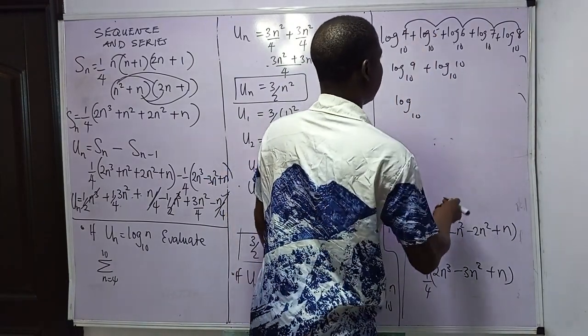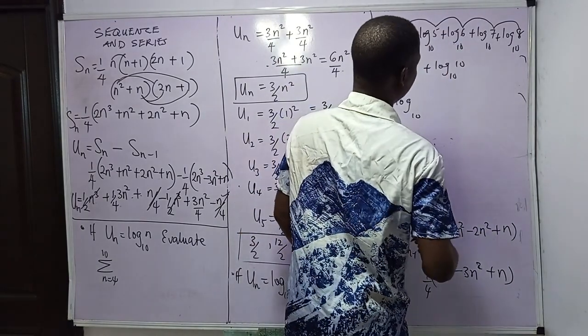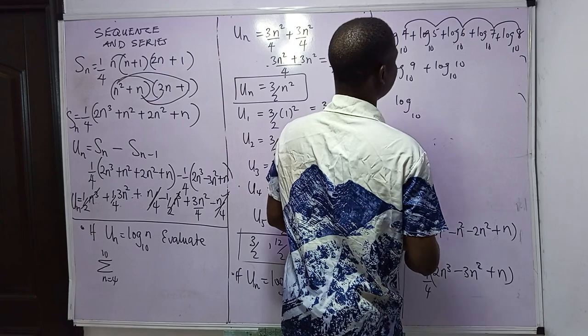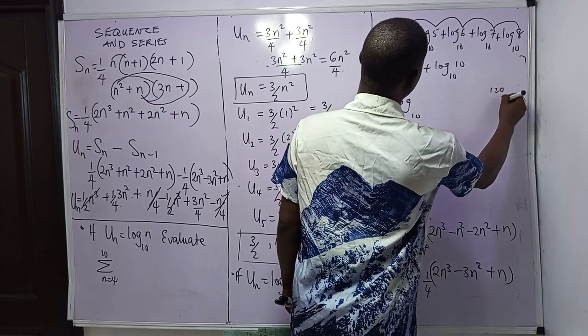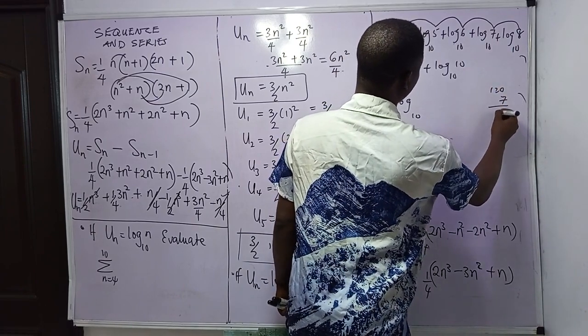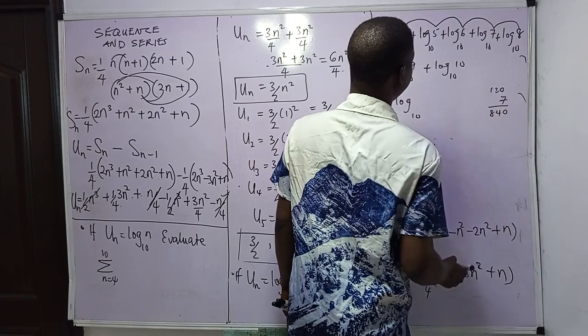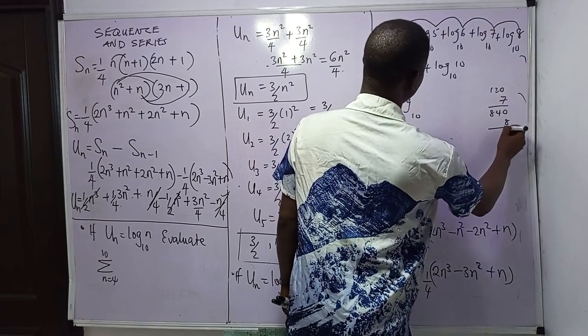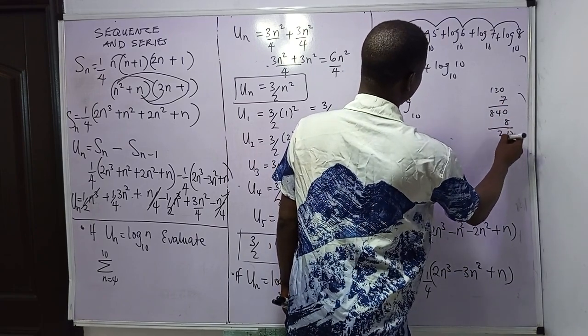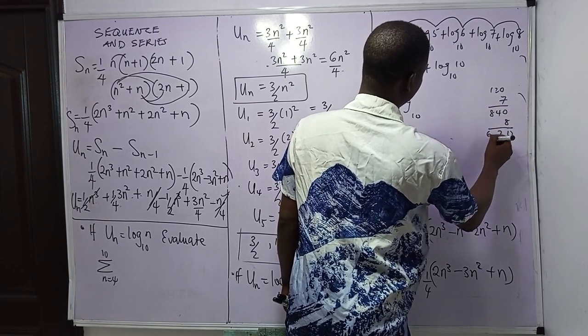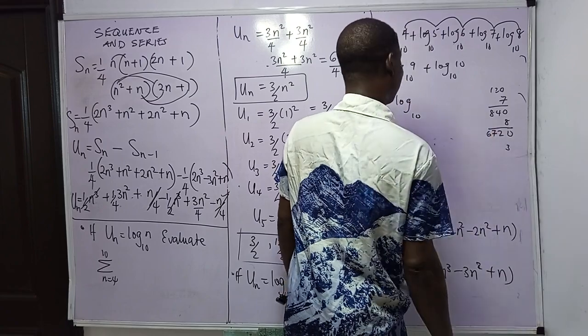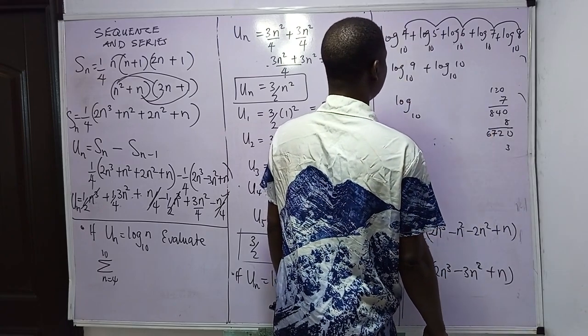4 times 5 is 20, times 6 is 120. Then 120 times 7 is equal to 840. 840 times 8 gives us 6,720.